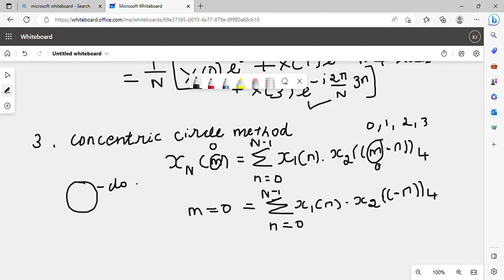I'm sorry, first I said clockwise, but it is anti-clockwise direction for the x1 of n sequence. So I'm going to keep it in anti-clockwise direction, right? And then for x2 of minus n, you're going to keep this particular one in clockwise direction, right?